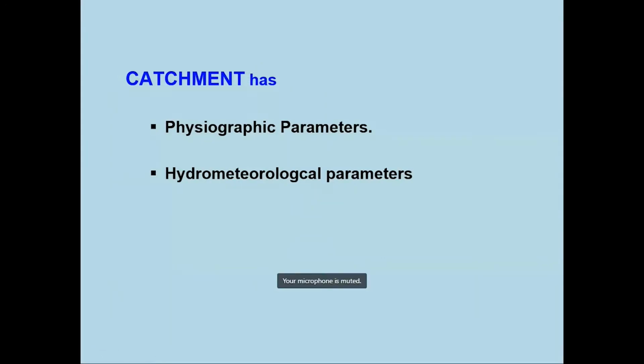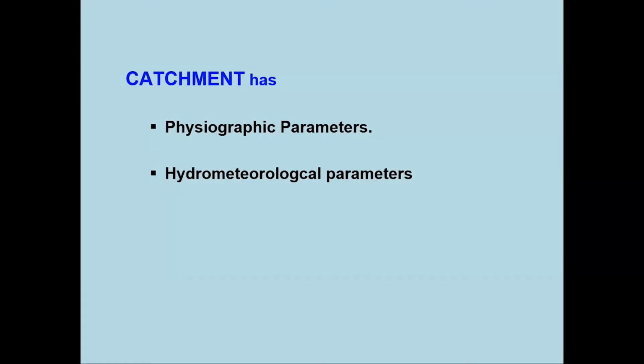Now coming to the physical interpretation and how we arrive at the design discharge, we have interpreted it from the very basic. So there is a catchment.